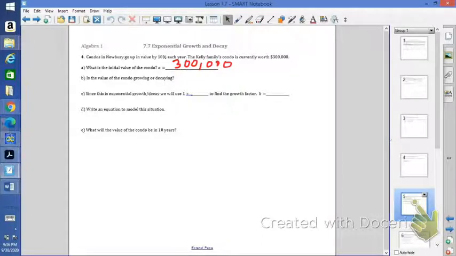Is the value of the condo growing or decaying? Well, it says that condos in Newbury are going up. So we have growth. Since this is exponential growth, we're going to use 1 plus r to find the growth factor, which is going to be our b.